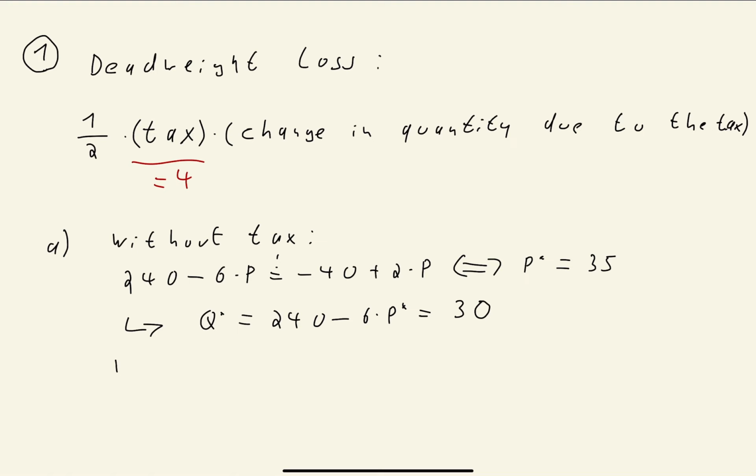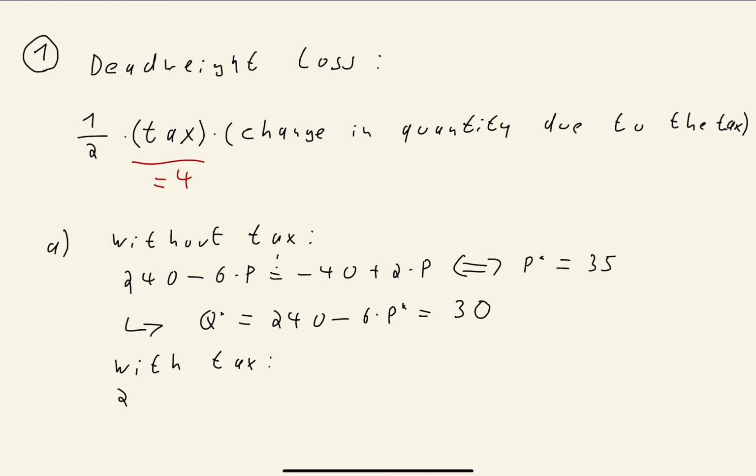And now with tax, what we have is a change in the supply function, in that the supplier has to transfer $4 per unit sold to the government. But keep in mind that this doesn't mean that the supplier is actually bearing the economic incidence of this tax.